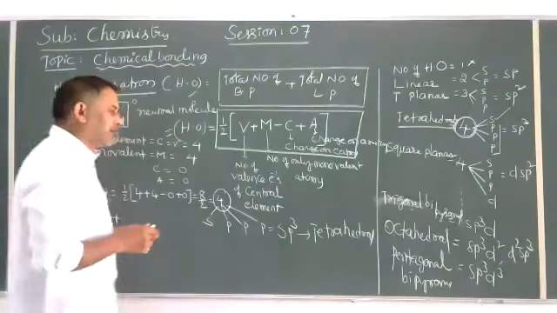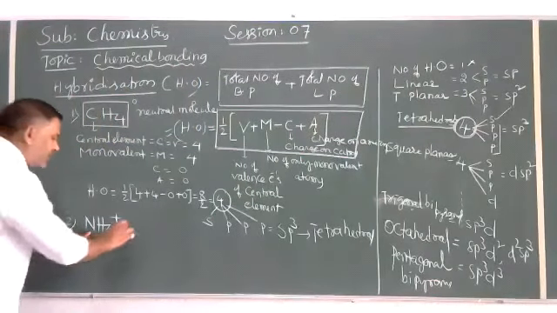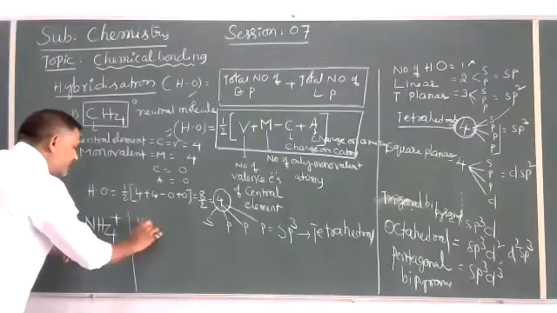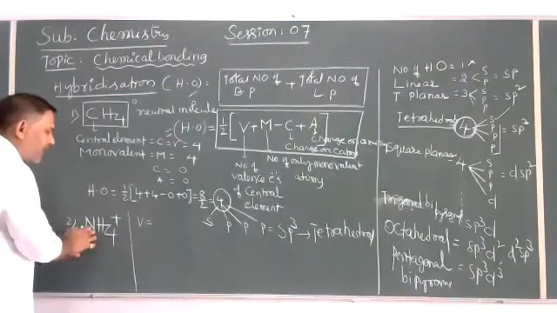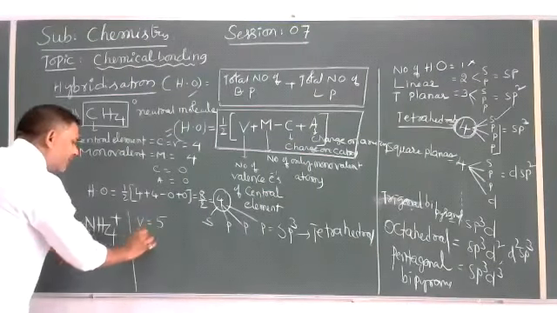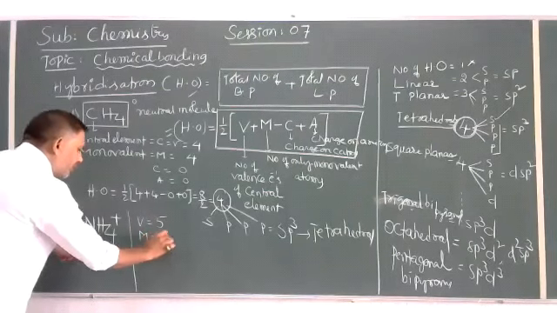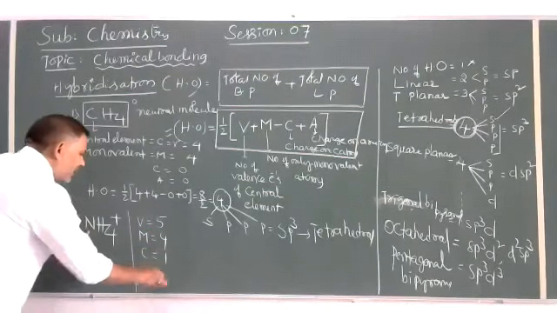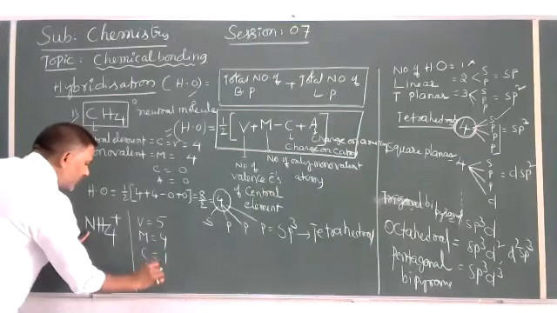Now here the central atom of the element is nitrogen. For this, the number of valence electrons is 5, monovalent atoms are 4. The charge on the cation is 1, and for the anion there is no negative charge.